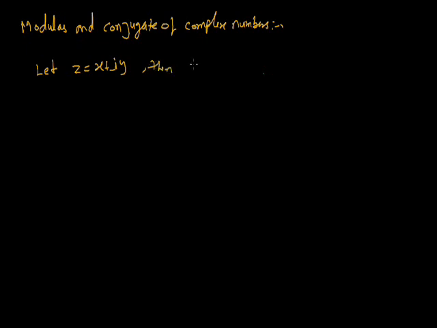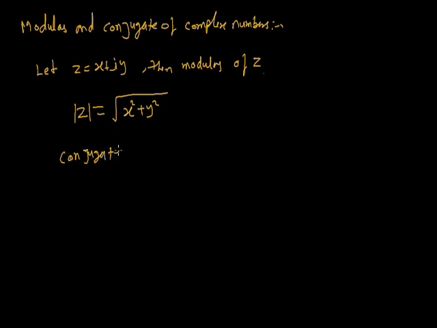Then the modulus of z, denoted by mod z, has the value exactly equal to under root x square plus y square. Now the conjugate of z is denoted by z bar. So z bar means x minus iota y.